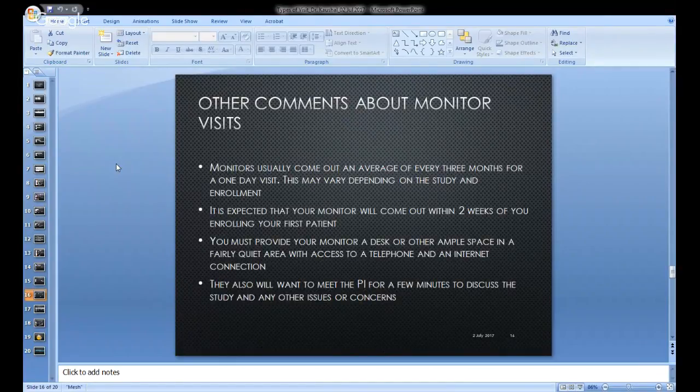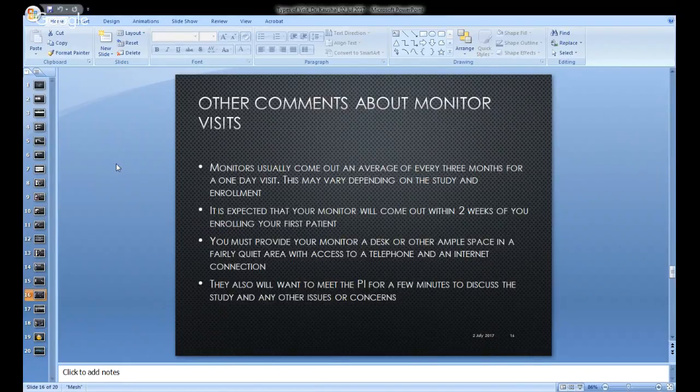You must provide your monitor a desk or other ample space in a fairly quiet area with access to a telephone and an internet connection. Now I can say the telephone and internet connection is almost waived off because every individual carries their own facility with them. But a proper desk or space is really very important because you would be sitting down with numerous documents, with your ISF, which will include your regulatory binder and your pharmacy binder.